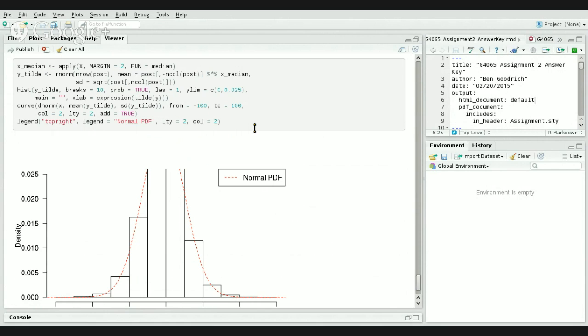But the overall distribution of y tilde for all 10,000 elements is basically marginalizing over the distribution of beta and the distribution of sigma squared. And so we get a posterior predictive distribution of y that has more dispersion than a normal distribution. It's similar to the thing that we did with the Poisson gamma. It's similar to the thing that we did with the second roll for how many pins you knock down in bowling.